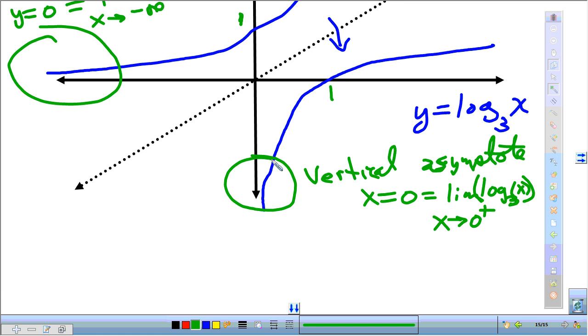Of course, there are no values for negative x or 0, so we can't take the limit from the left, but we can look at the limit as x becomes large for logarithms, which would be infinity.